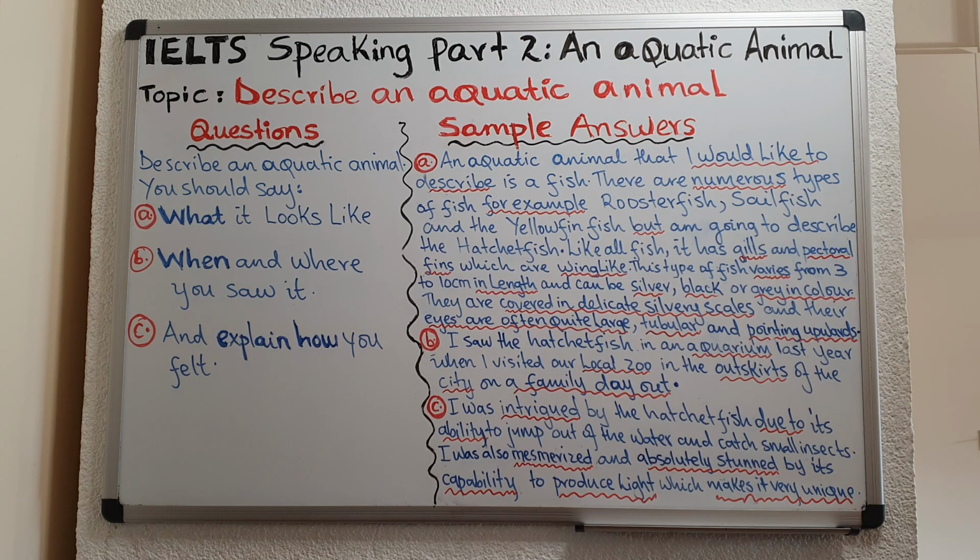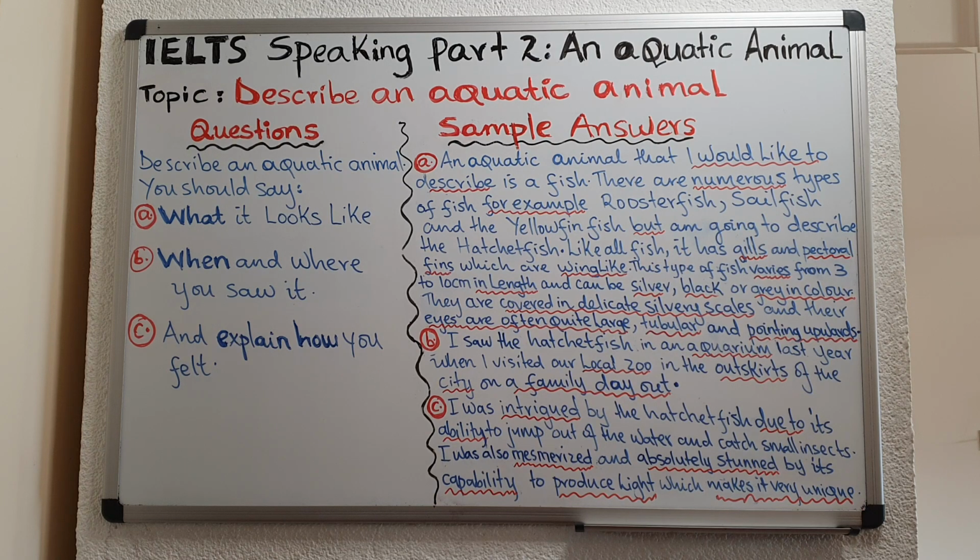There are numerous types of fish. Numerous means many. There are many types. Many. Numerous mean exactly the same. So you can use numerous, or you can use many, or you can use various, okay? There are numerous types of fish. There are various types of fish.